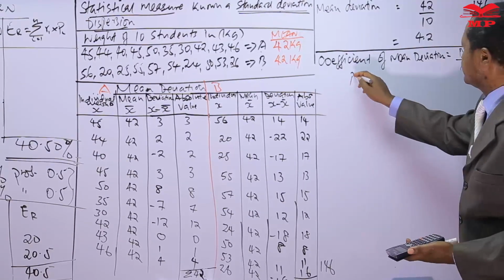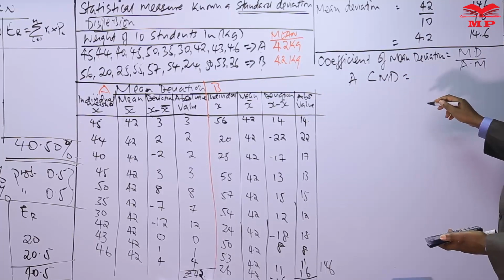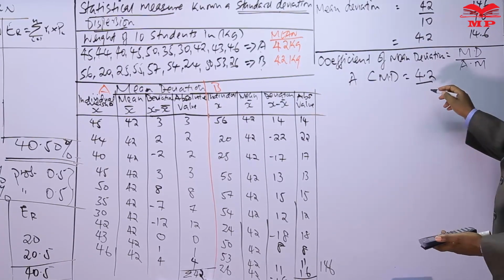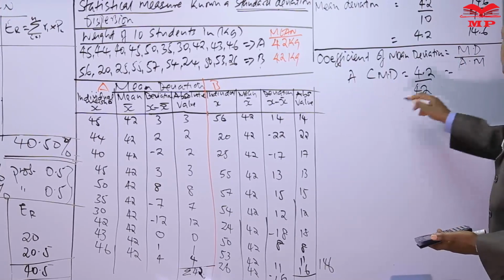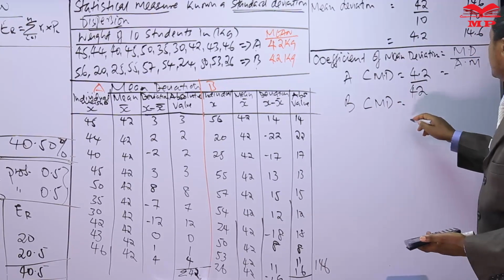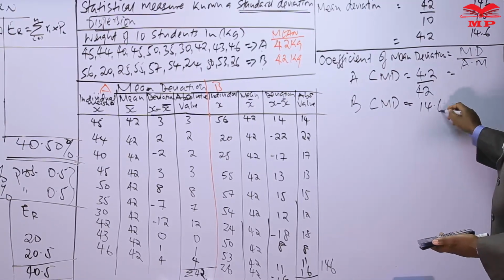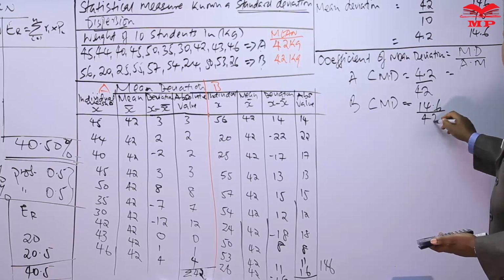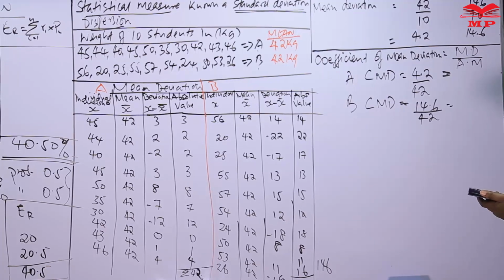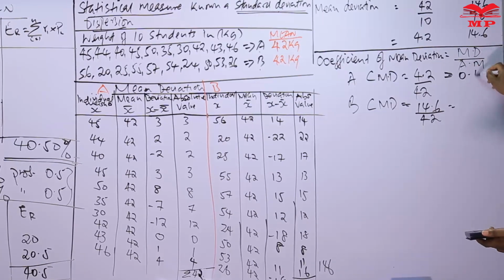So for A, the coefficient of mean deviation is the mean deviation of 4.2 divided by the arithmetic mean of 42, and for B, it is the mean deviation of 14.6 divided by the mean of 42. 4.2 divided by 42 is equal to 0.1.